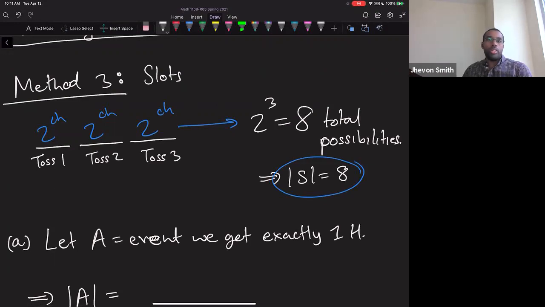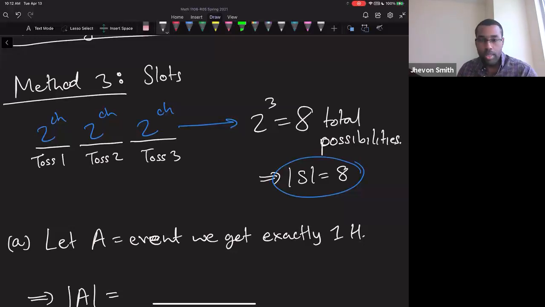You have 3 positions that you can put the head in, and you want to pick exactly one of them. And there's no mention of the head having to be on the first toss or the second toss or the third toss or anything like that. No specific order is mentioned. So you have 3 spots to choose. You want to pick one spot and you don't care about the order.